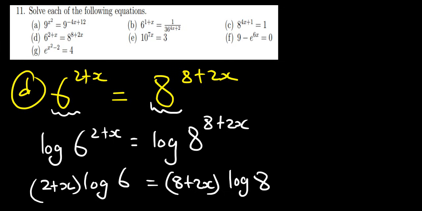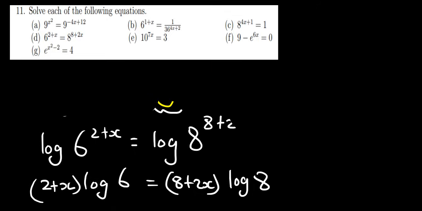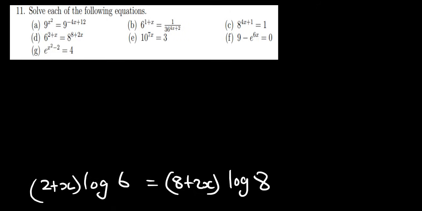Okay, so this is what we have, and then from there we can expand. So we can multiply log 6 with what is in the brackets. We can also multiply log 8 with what is in the brackets here. So log 6 multiplied by what is in the brackets is going to give me 2 log 6.